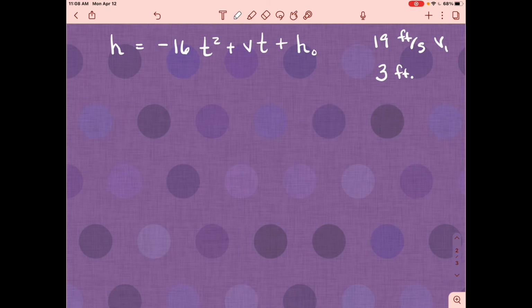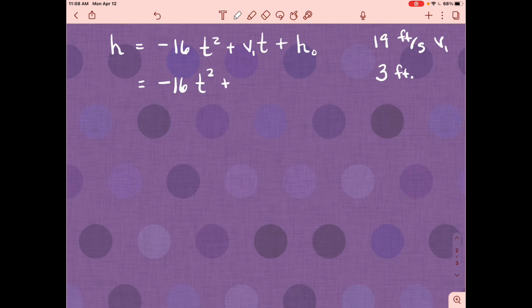Okay, so we're going to plug in a few numbers here, and initial velocity is actually going to be this little guy right here. Whenever we see these equations, this is time. The question asked us about how long is the cheetah in the air, so we're looking for time.